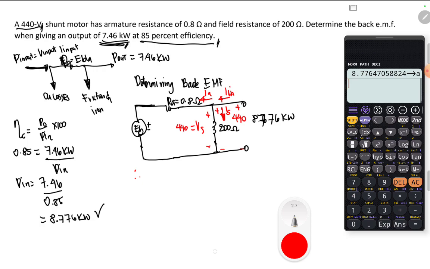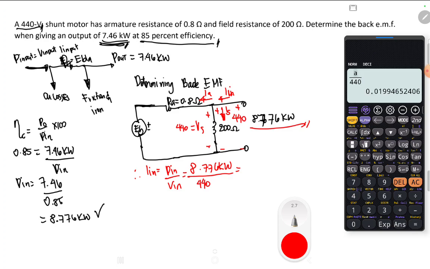Now from here, if we would solve for our I in, we have our P in all over our V in. Our P in is equal to 8.776 kilowatt all over our V in, which is equal to 440 volts. So we'll have alpha A divided by 440.